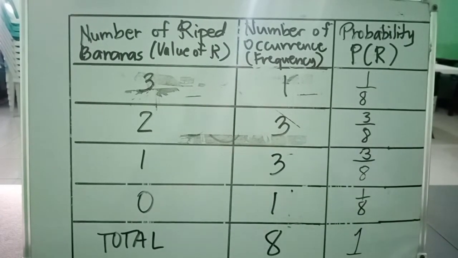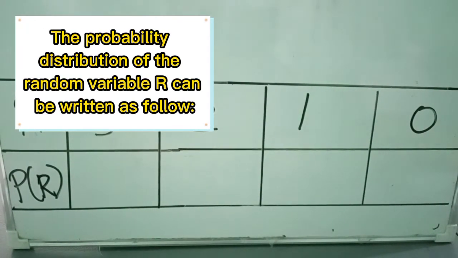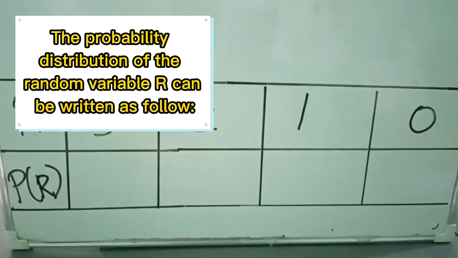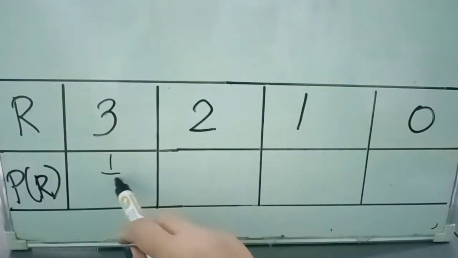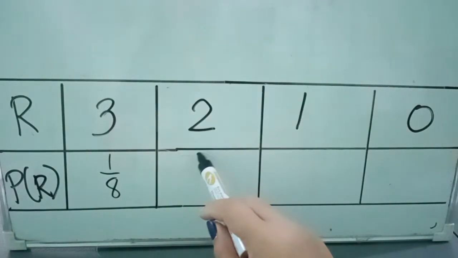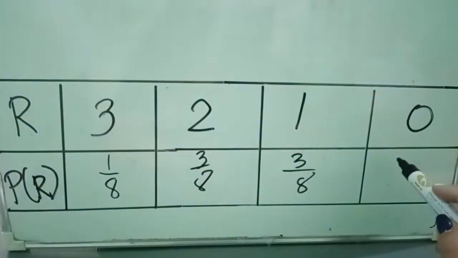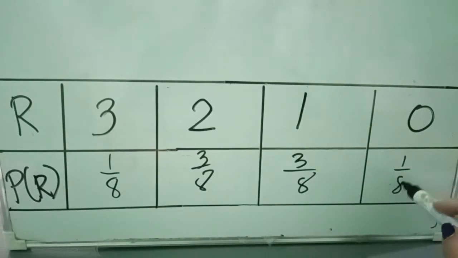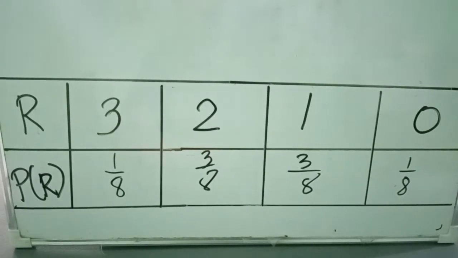That will be the total. So, the probability distribution of the random variable R is written as follows: the random variable 3, 2, 1, 0, and the probabilities are 1 over 8, 3 over 8, 3 over 8, and 1 over 8.